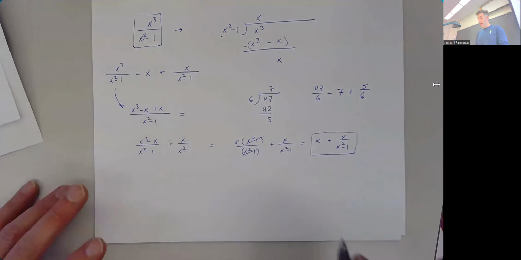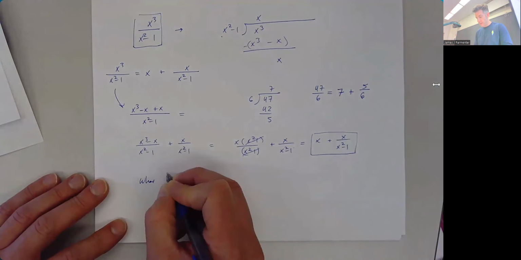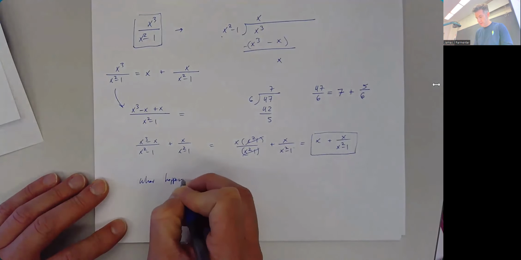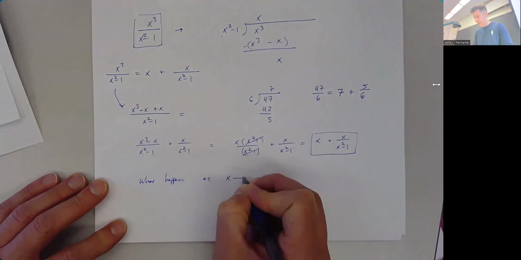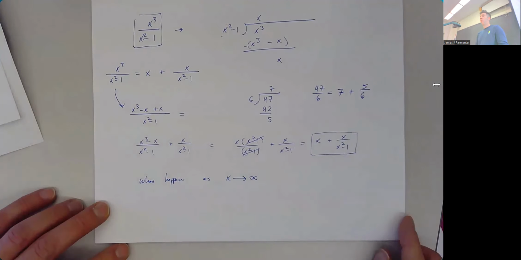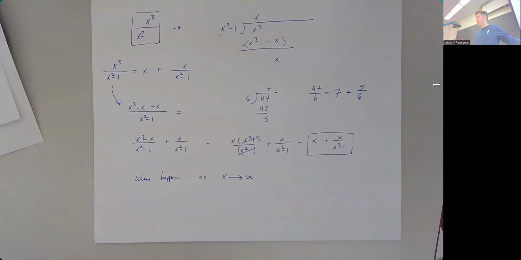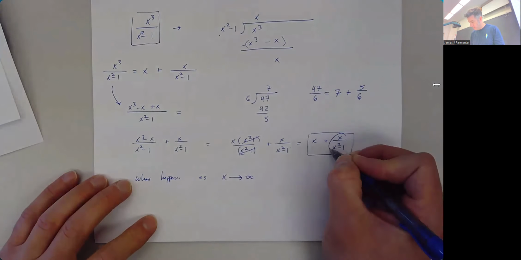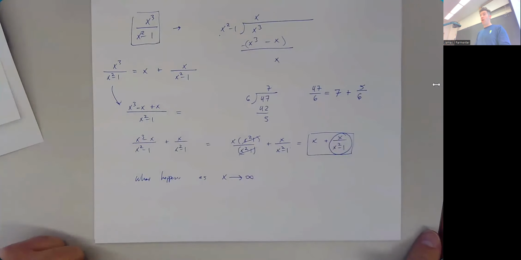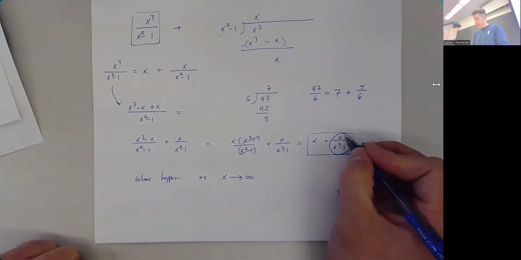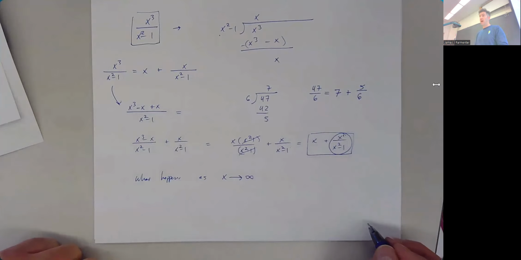And now what happens as x gets really, really big? Well, yes, I know it gets infinitely large, but very specifically, this part gets really, really small, right? The power on top is smaller than the power on the bottom.